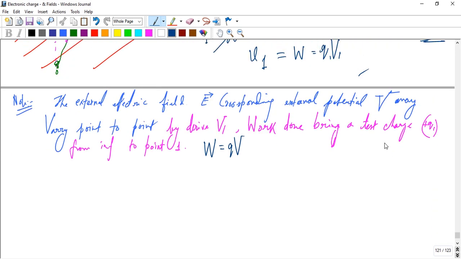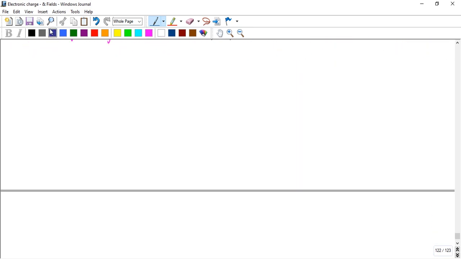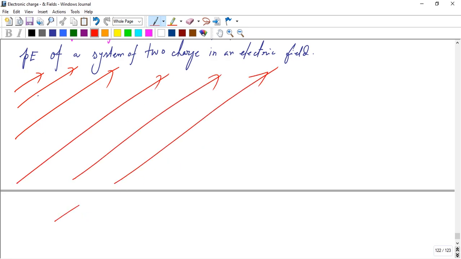Here we calculate the potential energy of a system of two charges in an electric field. So there is an external electric field.